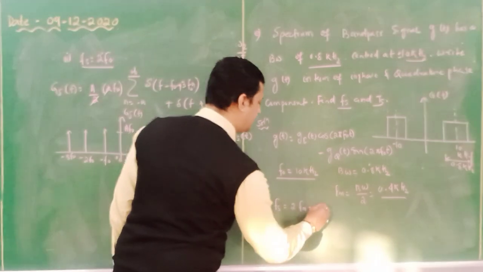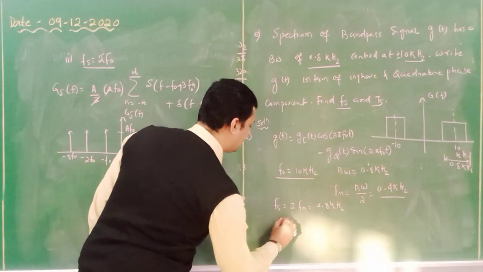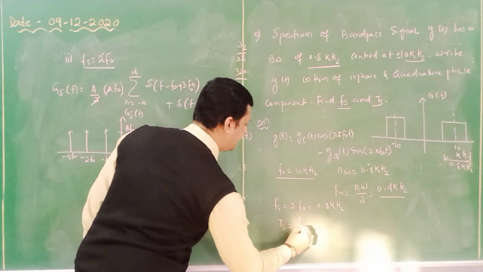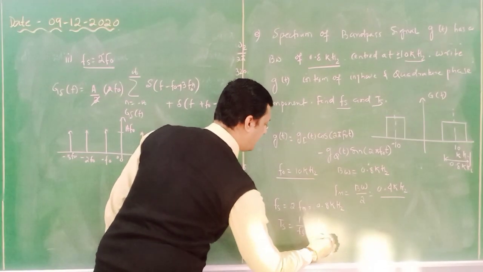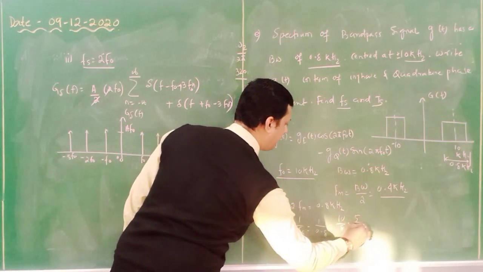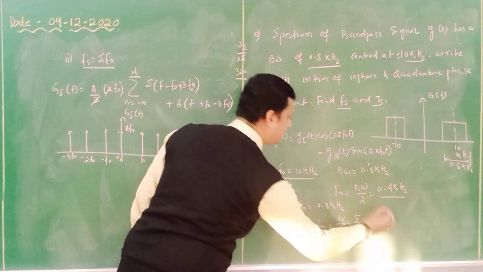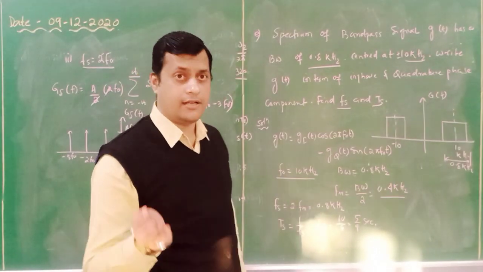So Fs is 0.8 kilohertz. Then what is your Ts? Ts is equals to 1 by Fs, that is 1 by 0.8, that is 10 by 8, that is 5 by 4 second. Done. So these sort of questions may come in your exam.